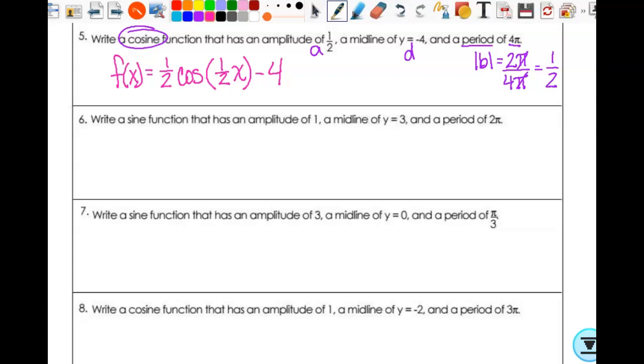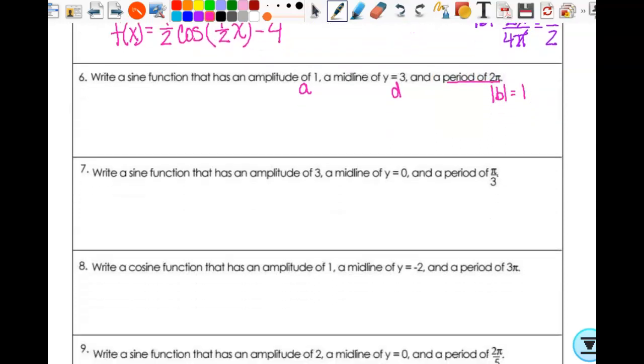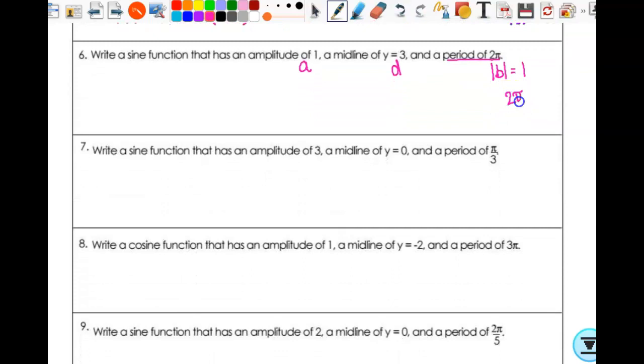All right. On number 6, amplitude of 1, so that's A. Midline, y equals 3, that's D. Period of 2 pi, which means the absolute value of B is what? 1, because it would be 2 pi divided by 2 pi, and that gives you 1.